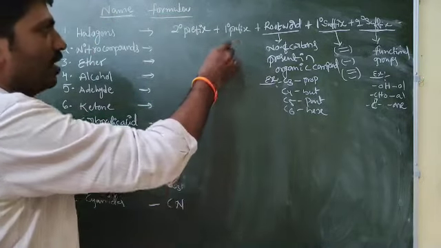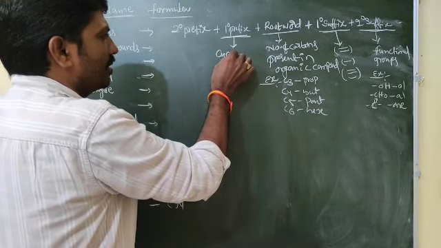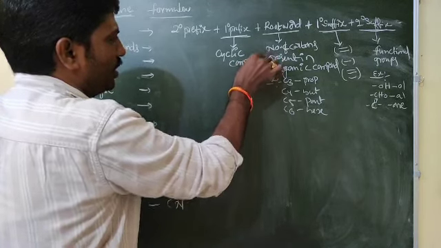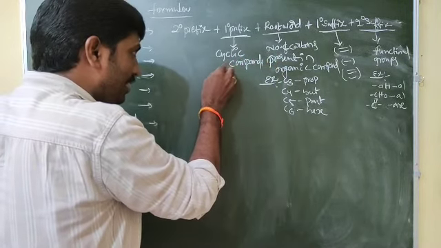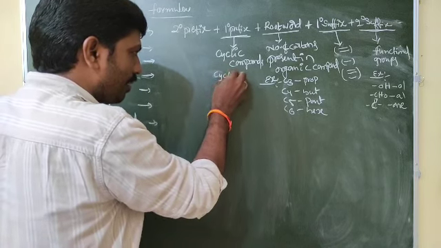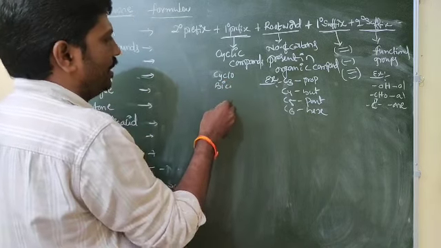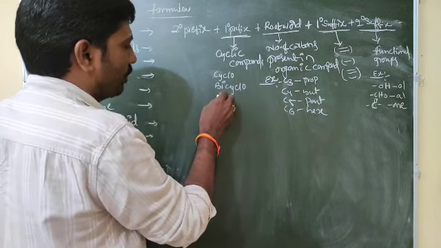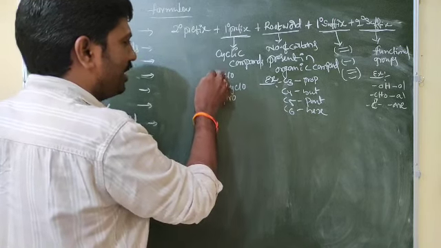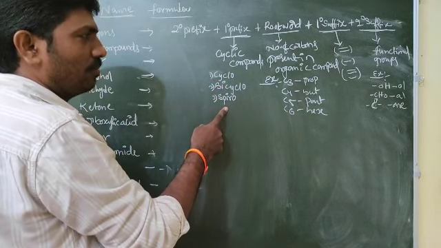Next, the primary prefix tells about cyclic compounds. Cyclic compounds can be cyclo, bicyclo or spiro; 3 types of cycles are there: cyclic, bicyclic and spiro compounds.